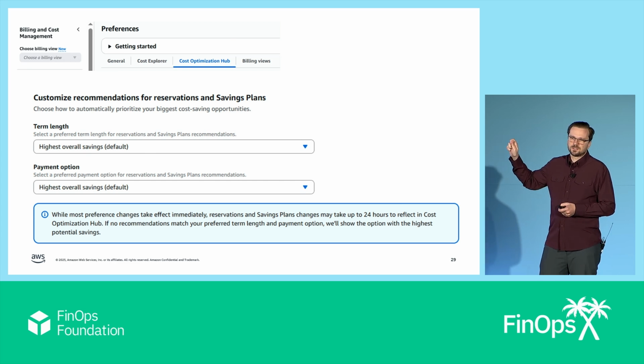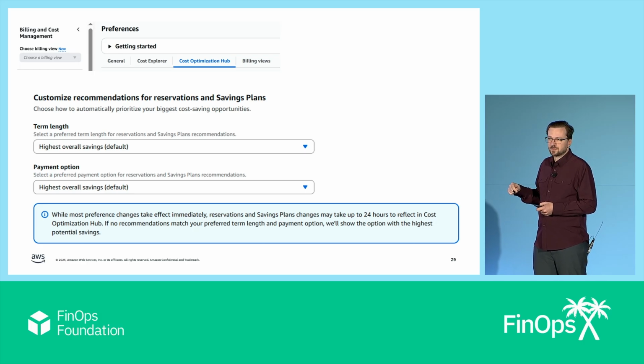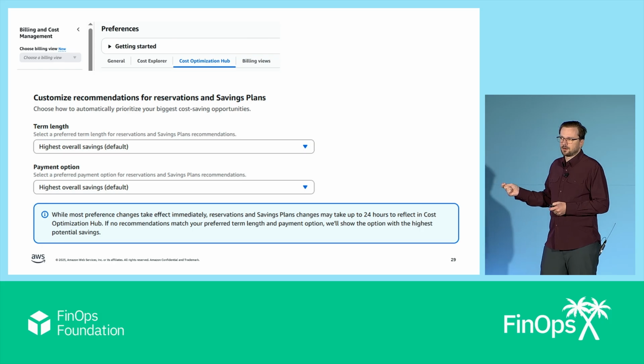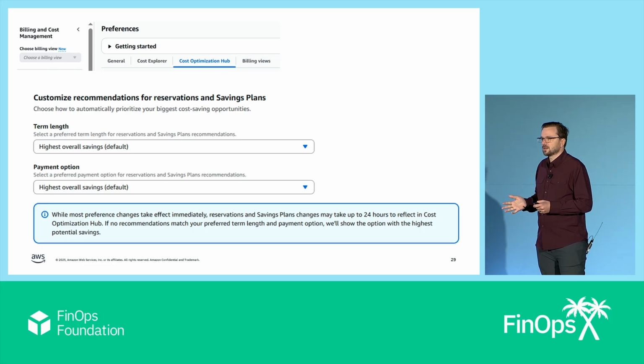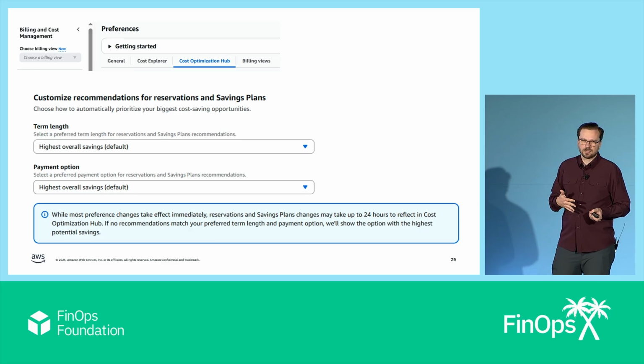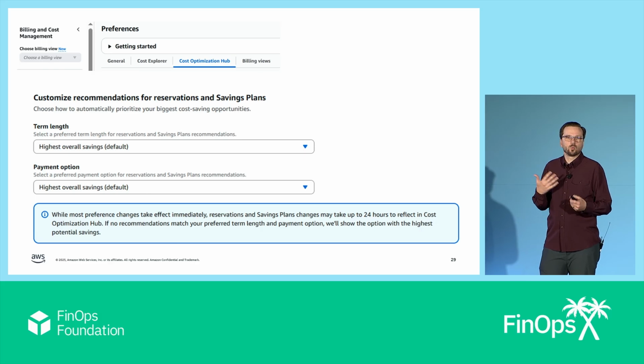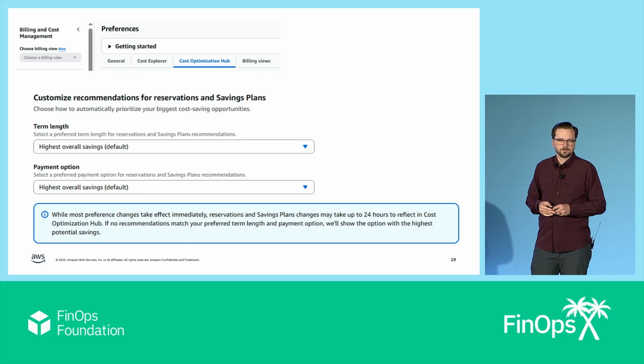Also, this is the location where you can select if you want RI and SP and custom pricing to be factored into the recommendation results. That's another setting that's in there. That's a great setting for organizations that want to look at savings after discounts, or you can turn it off to look at on-demand savings if you don't want specific engineering organizations to have to worry about RI and SP commitments and just look at the on-demand savings amounts.